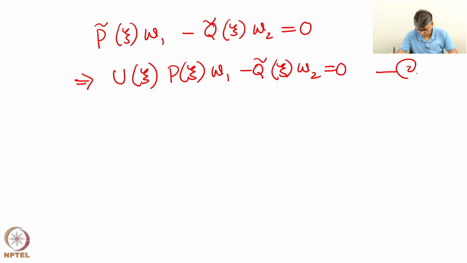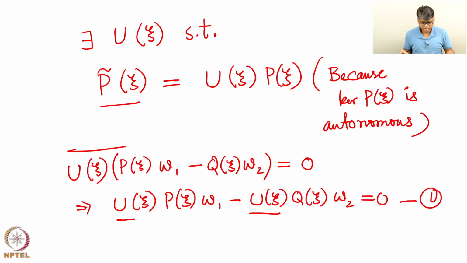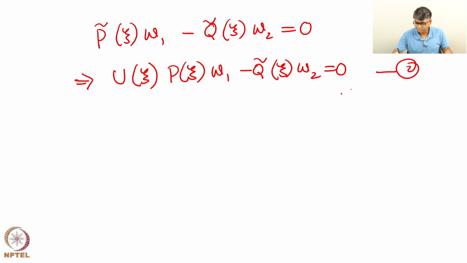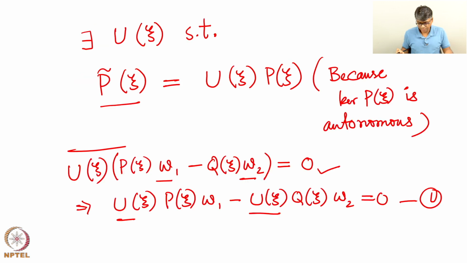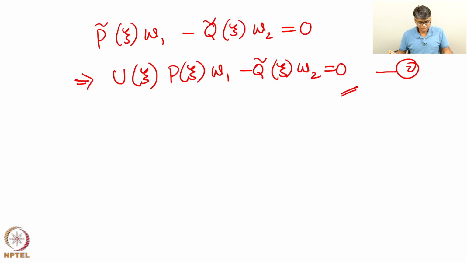This is my equation number 2. Now remember, because the two behaviors are equal, every W1, W2 that satisfies equation 1 also satisfies equation 2, and every W1, W2 that satisfies equation 2 also satisfies equation 1. So W1, W2 satisfies both these equations.